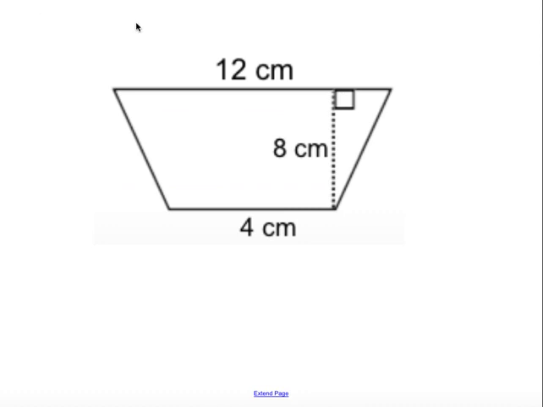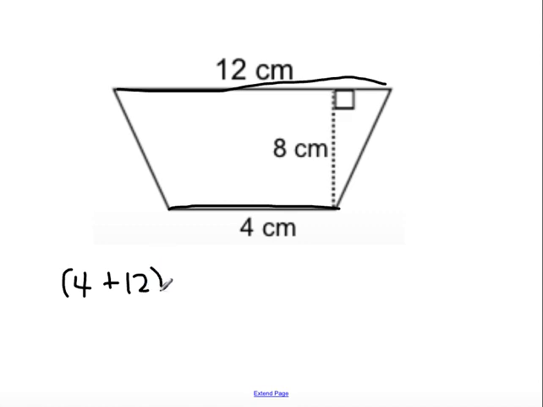So here's our example. So we are going to take base 1, 4, our base 2, which is 12, and we need to add those 2 together, and then we're going to multiply that by our height, which is 8.